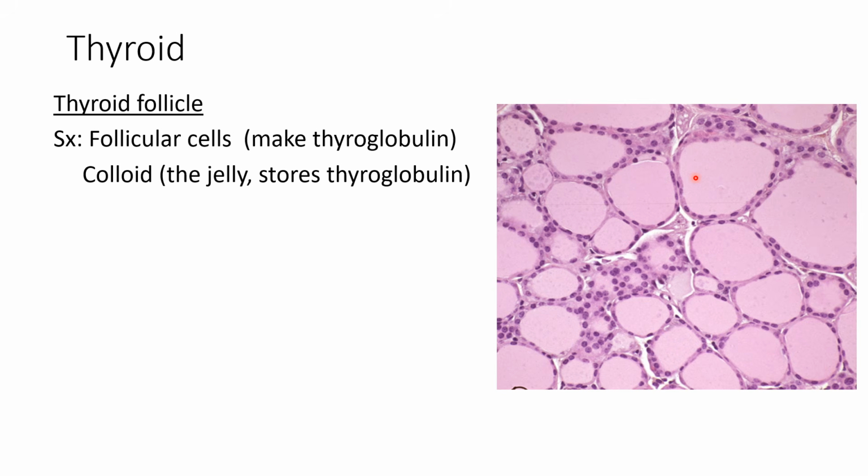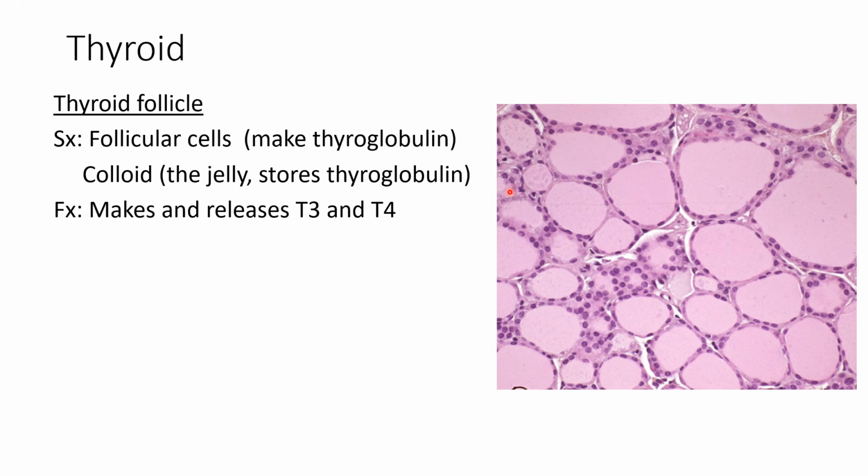A colloid is a mixture that has bigger solutes. I think I just incorrectly said solvent. Solutions have small solutes, colloids have bigger solutes. Either way, that's just a generic word. The colloid is made up of mostly thyroglobulin.